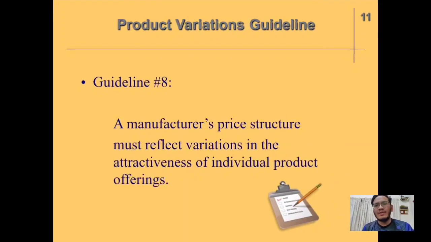Next we go for price point. A price structure should contain offerings at the chief price points, where such price points exist. Price points are specific prices, usually at the retail level, at which consumers expect to find products.